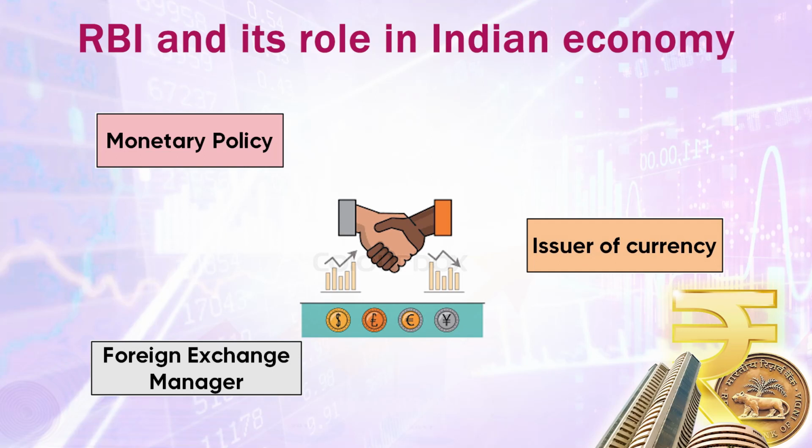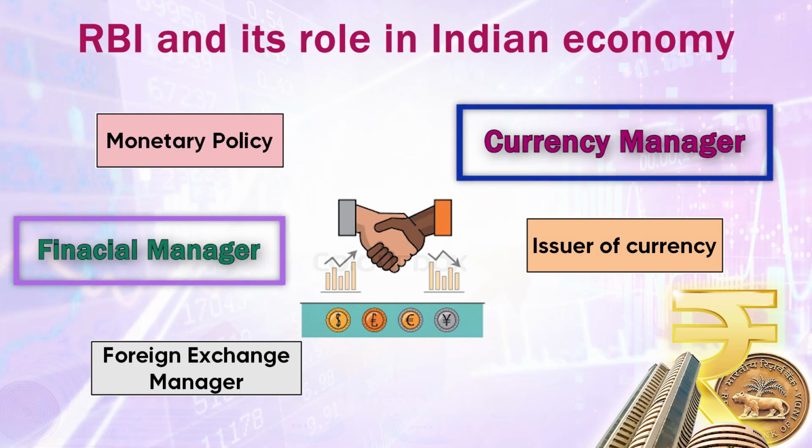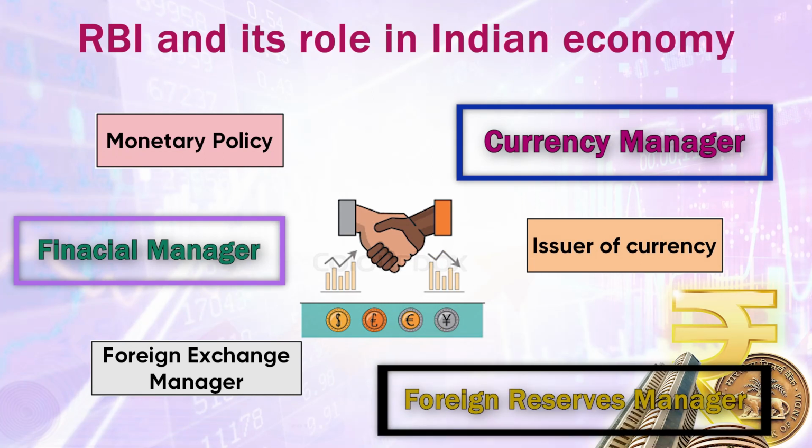The Indian economy has different types of committees which basically deal with the problems generated due to inflationary pressure. First of all, RBI plays the role of currency manager, financial manager, foreign reserve manager, and price system manager in the Indian economic system.